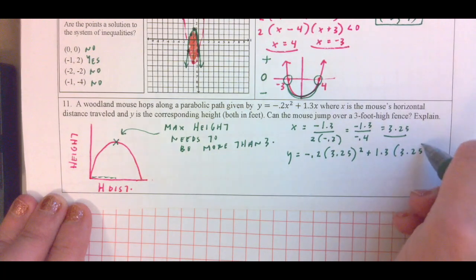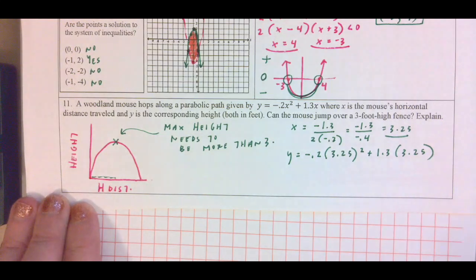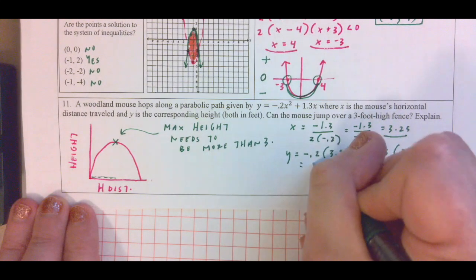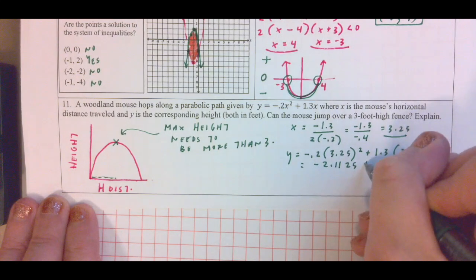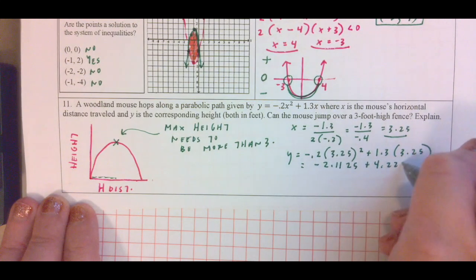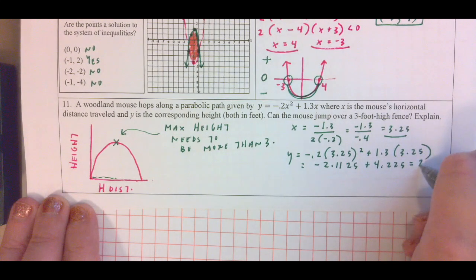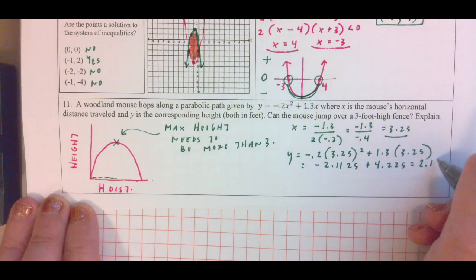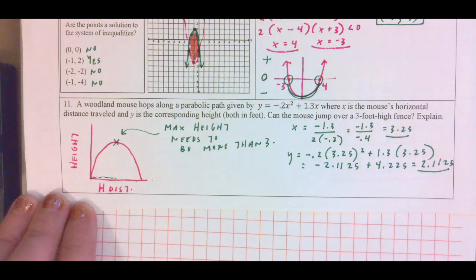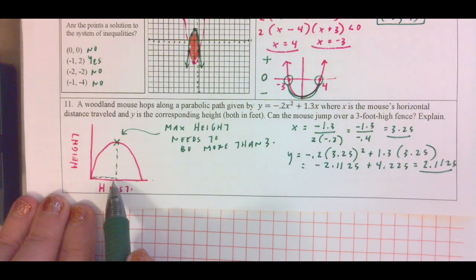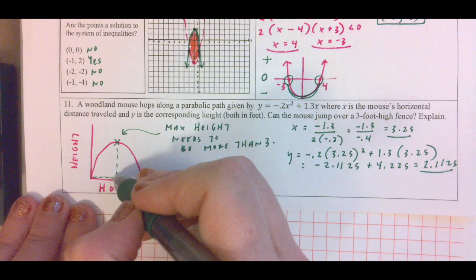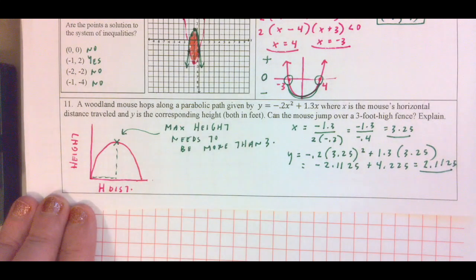Okay, once I plug that in, I'm going to get a negative 2.1125 plus 4.225, which combines to be a positive 2.1125. So my vertex right here traveled 3.25 feet to get to a maximum height of 2.1125.